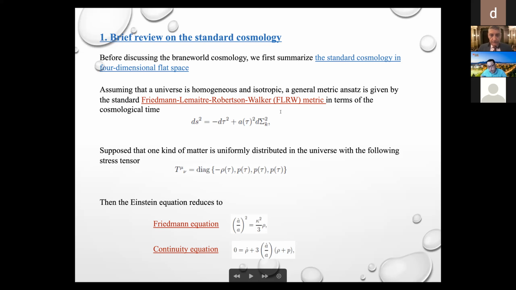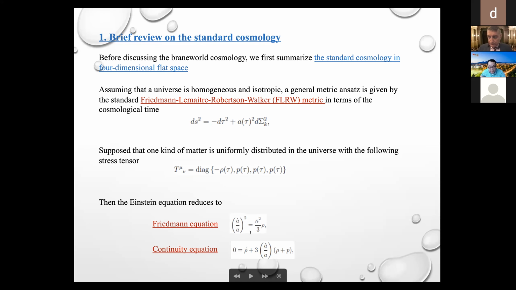With FLRW geometry, we can describe the expansion of the universe, depending on the matter contained in the universe. Using this FLRW metric, the expansion of the universe is described by these two equations, the Friedmann equation and the continuity equation.